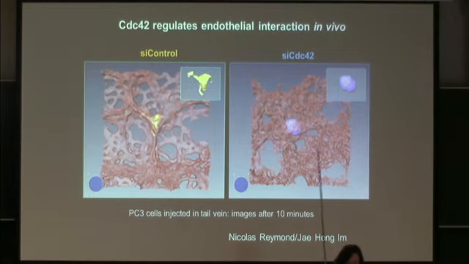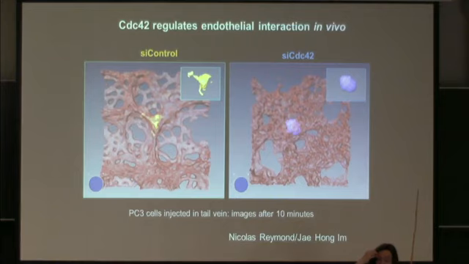Okay, so what about in vivo? Because everything I've told you about so far is about in vitro. So what happens in blood vessels in vivo with cancer cells? What we're doing is injecting cancer cells, either control or with reduced levels of CDC42, into mice.